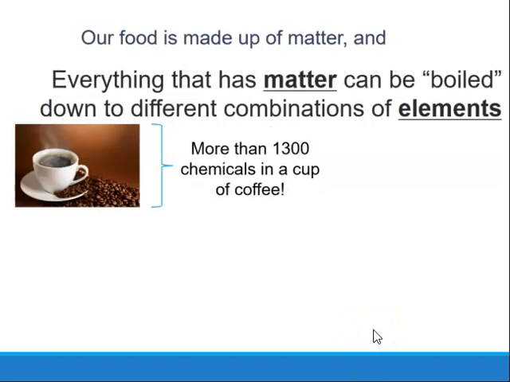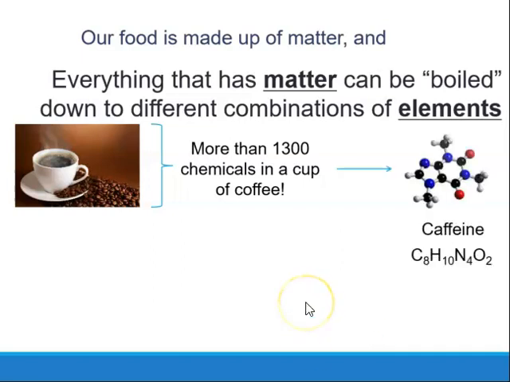So even our food is made up of matter, and everything that has matter can basically be boiled down to different combinations of elements. I love coffee, and we know that more than 1,300 chemicals are within a cup of coffee. We know we have caffeine that makes up regular coffee, although some people do drink decaffeinated, which to me doesn't make sense.